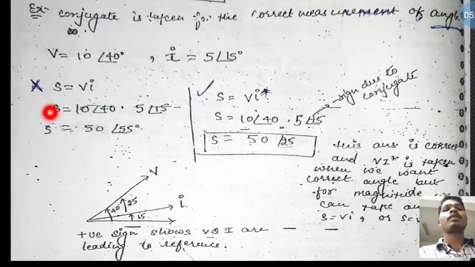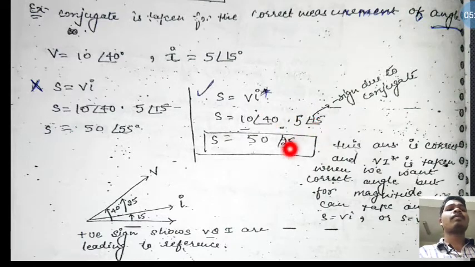In the first case, S is equal to 10 angle 40 degree with 5 angle 15 degree. So 40 plus 15 is 55 degrees, which is not correct in our actual practical case. If we take the conjugate of that I, then we get 5 into angle minus 15 degree.